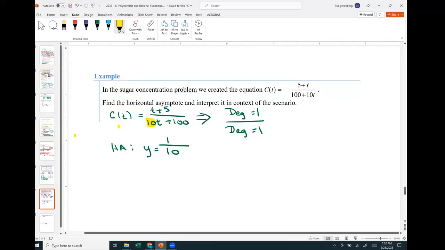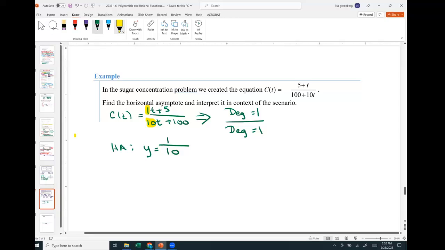Here's my 10, and we can say that's 1t. So there's my 1/10. So we've found the horizontal asymptote and now interpret it in the context of the scenario.